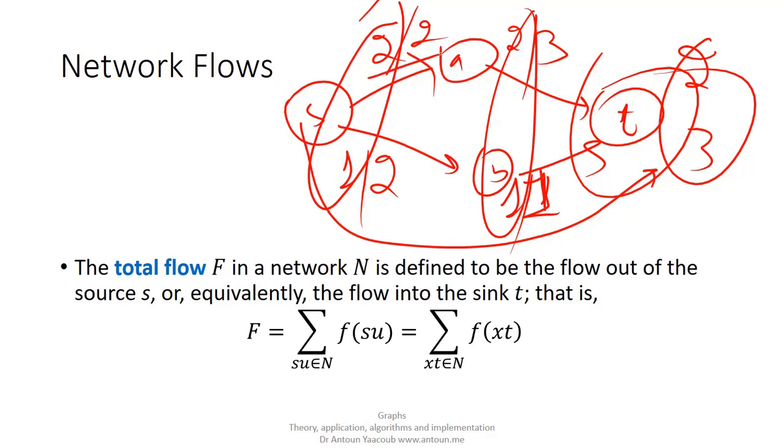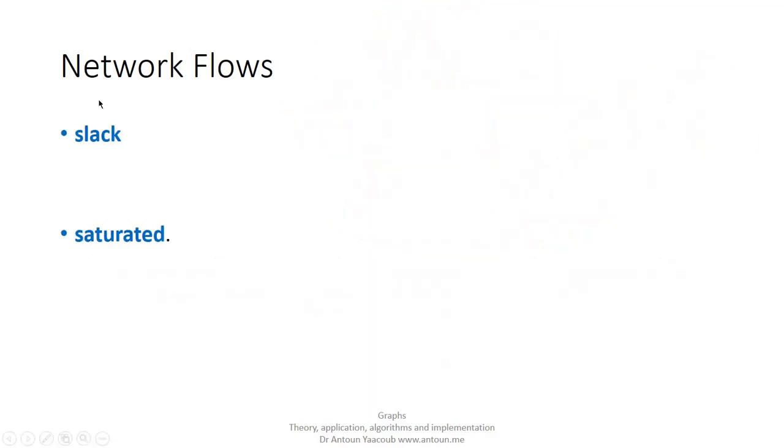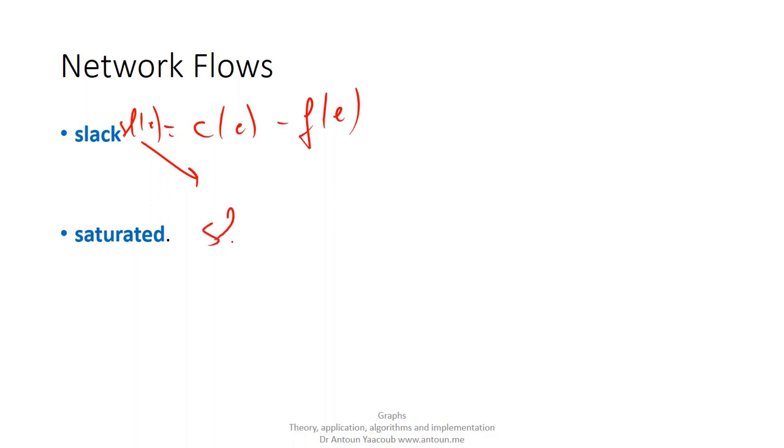As you can see, this is the capacity and this is the flow. We call slack the difference between the capacity and the flow. So the slack of every edge e is equal to the capacity, the maximum number that I can send, minus the actual number that I have sent. The slack represents the remaining capacity available in an arc. If the slack of an edge is equal to 0, we call it saturated, so I cannot send any more flow on this arc.